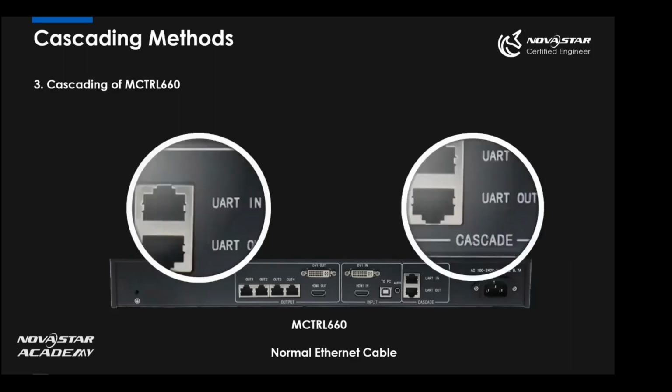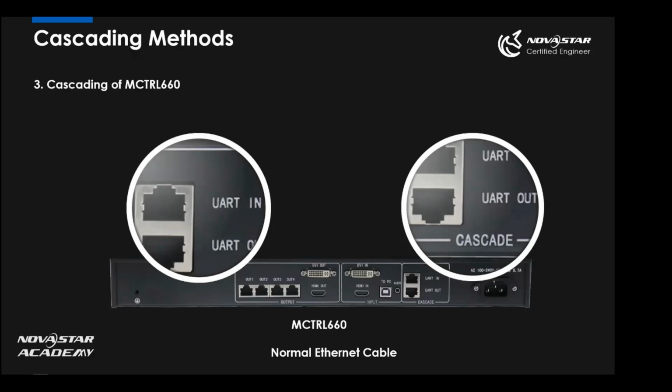So at this time, we start to use the Ethernet cable to do the cascading. It's easy for us to find the Ethernet cable. So we use the Ethernet cable to do the cascading. Connection is the same from the out to the in.